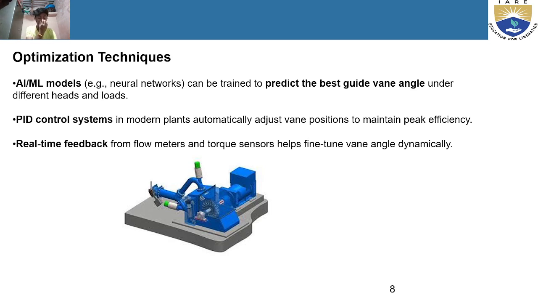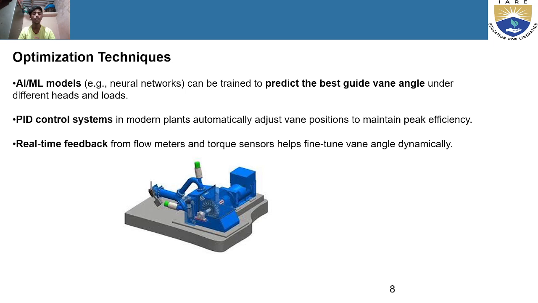Next are optimization techniques. Optimization techniques are used for taking it to the next generation with very good efficiency. An AI/ML model can be trained to predict the best guideway angle under different heads and loads.